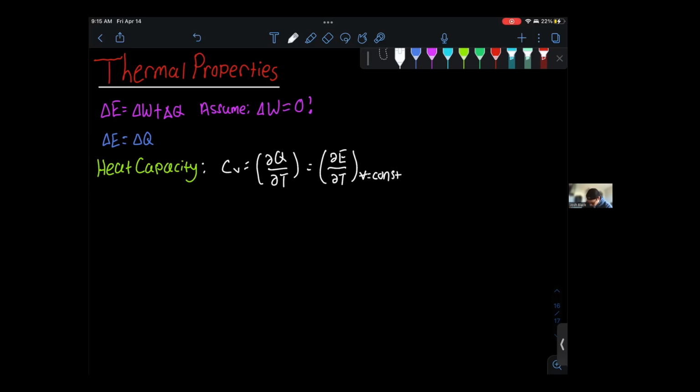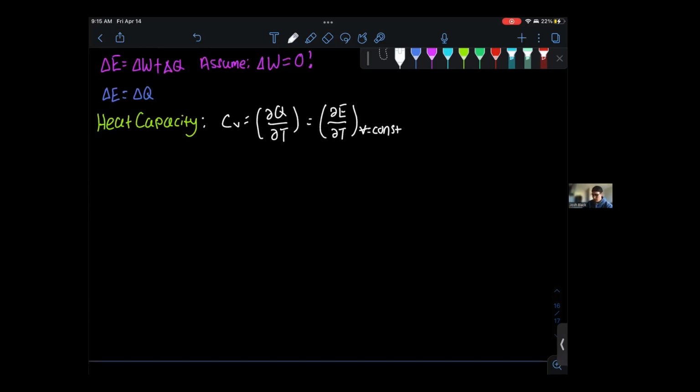V as in volume. C_V is just a specific heat capacity for volume. Specific heat capacity is in units of joules per mole Kelvin. We want to get this kind of specific heat in terms of per mole.